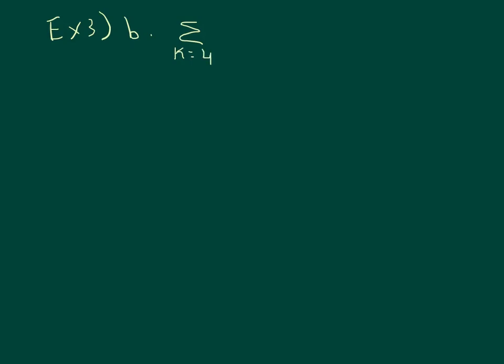But we're starting at 4 now, and we're running to 7. And this time we're doing it for negative 2 to the k, minus 5. Let's fix my bracket here.